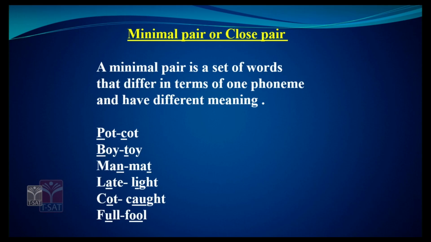So, here a specific term we are going to work with is minimal pair or close pair. What do you mean by a minimal pair? A minimal pair is a set of 2 words that differ in terms of just one phoneme, and they differ in meaning also.